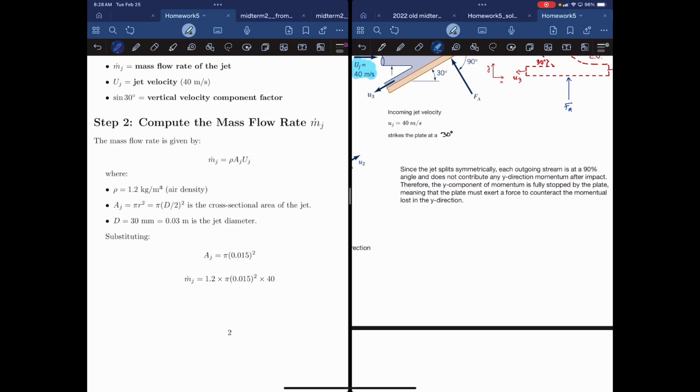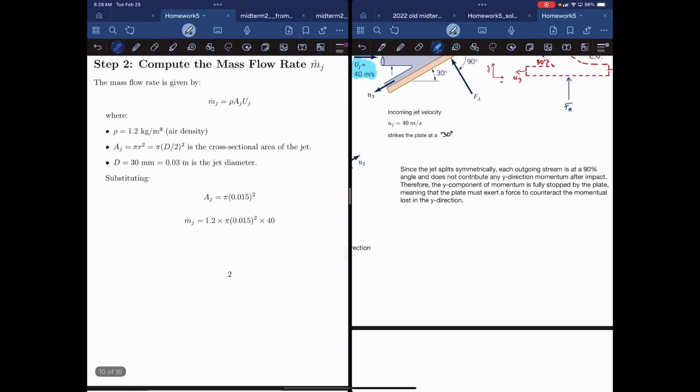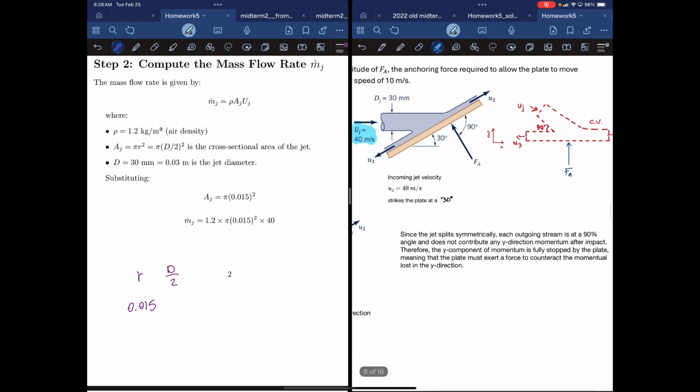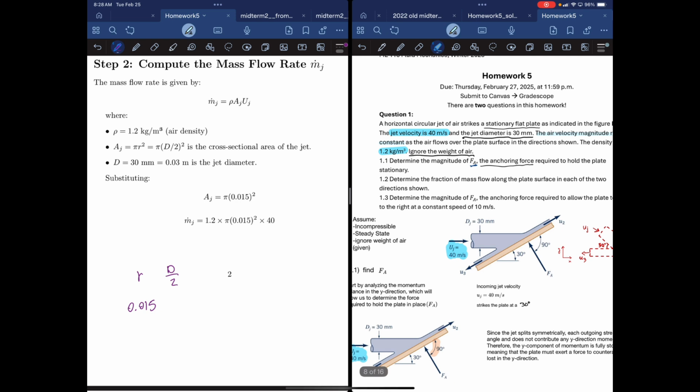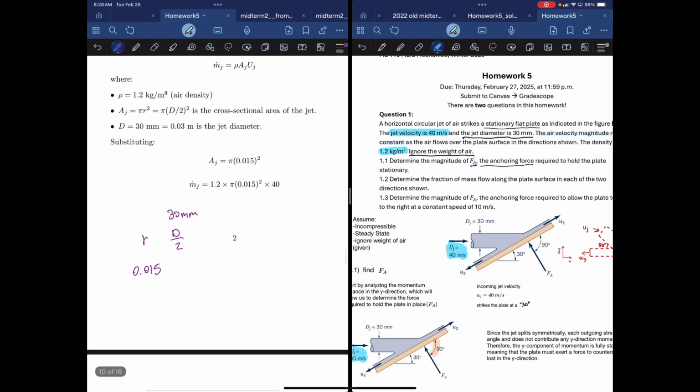A student had a question about the area. You can rewrite it differently. The radius is just d over 2. Because the diameter was 30 millimeters, we can rewrite r as 0.015.